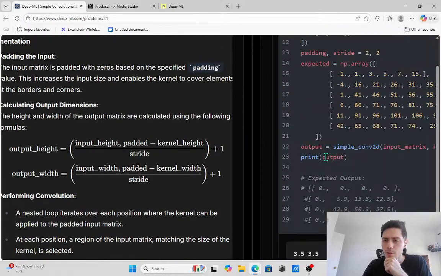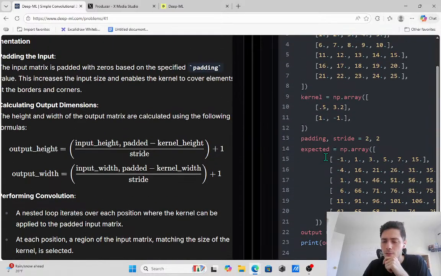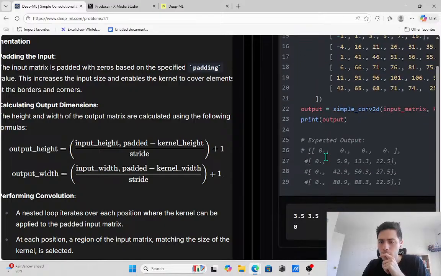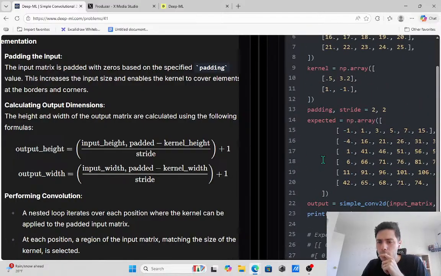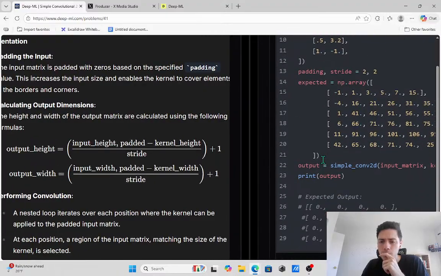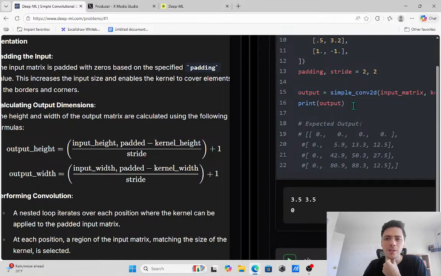So what was our input? Assuming this is the expected, I don't know what this is. It's not helpful, that's just confusing. Do we always round up?